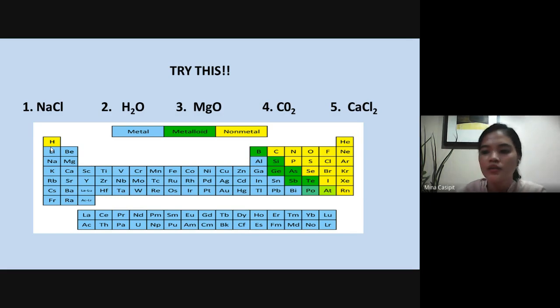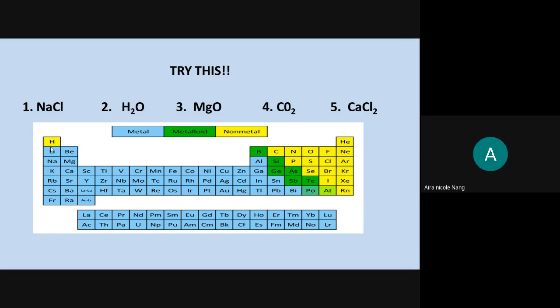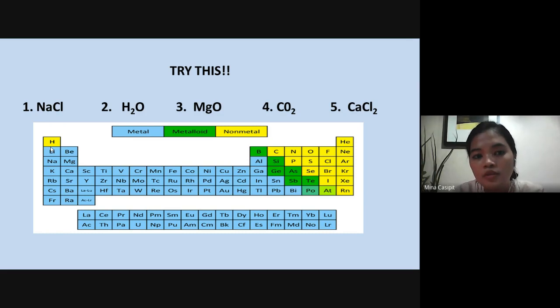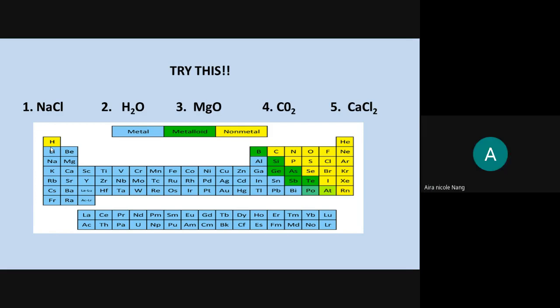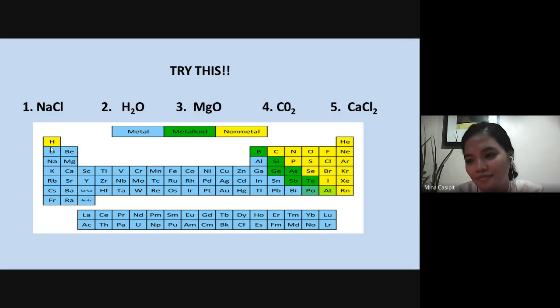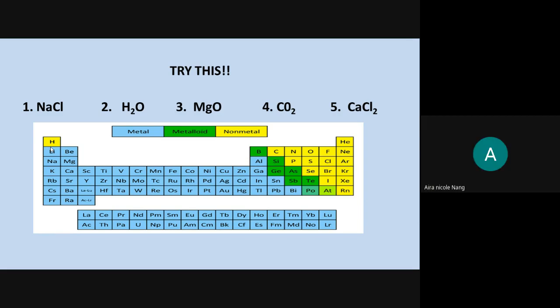Number 4. Ira Nicole. Carbon po, madam, at saka po oxygen. Okay, go ahead. Metal and non-metal. Carbon. Check nyo ng maayos. Carbon is non-metal, tsaka pati po oxygen, non-metal.